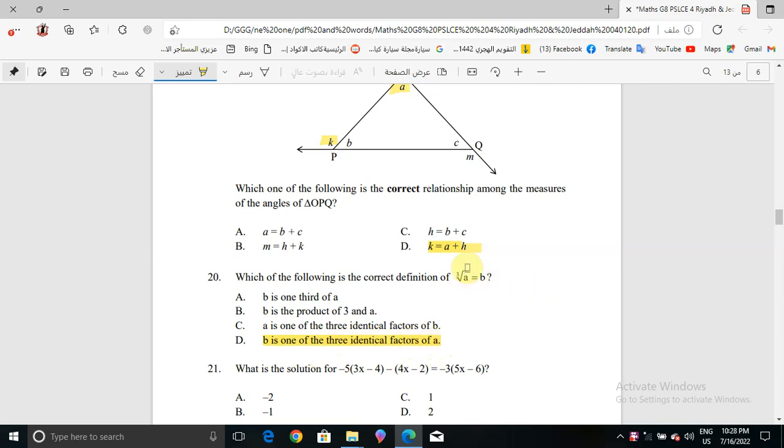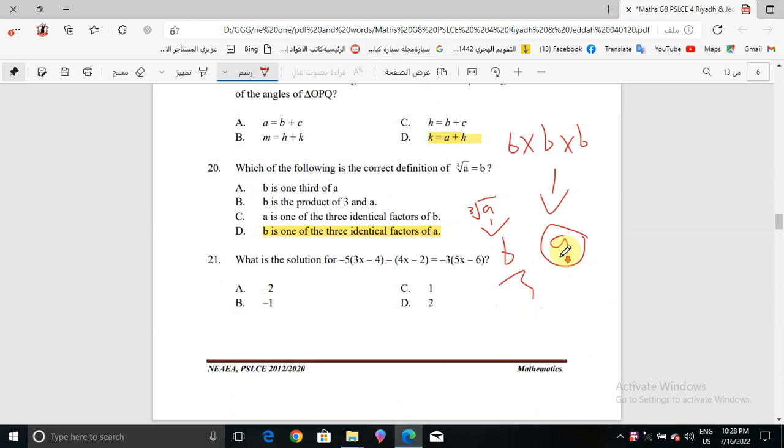Because the cube root of A is equal to B, so B times B times B will give us A, right? And if we take the cube root of A, it will give us B.